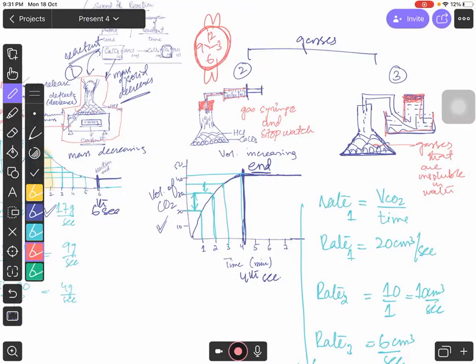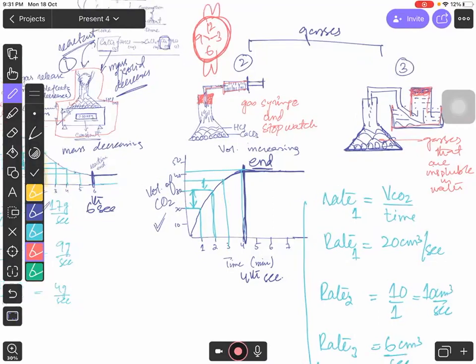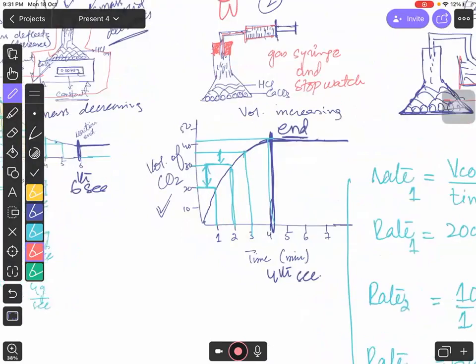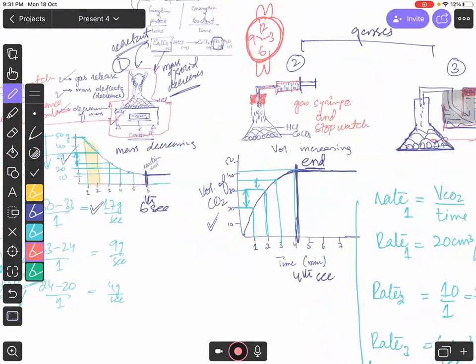And then you need to understand, whenever gas is going to be formed and you need to find out the rate of reaction by the formation of gas, then the graph is just like this. This graph is for the gas released during the formation of products.